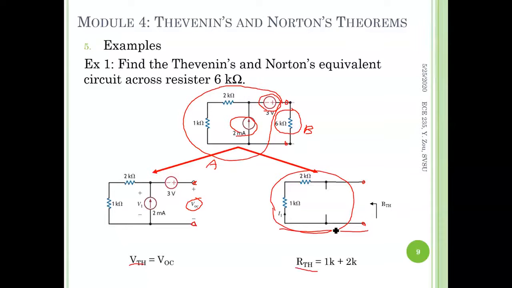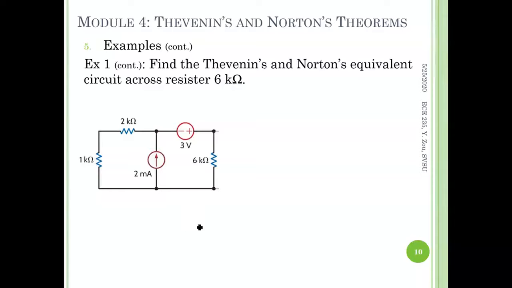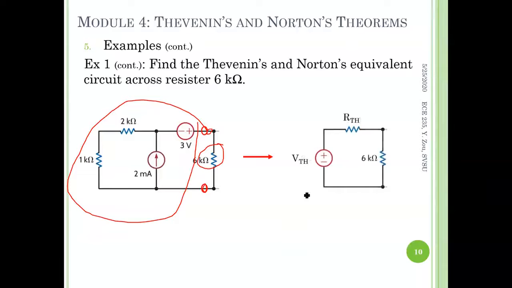After finding Rth and Vth, you still need to be very clear in terms of the concept. For the given original circuit here, we know part B, part A, and the two terminals. And therefore, it is equivalent to the Thevenin equivalent circuit, in which an independent voltage Vth is series connected with Rth, feeding part B, which is 6 kilo ohm.